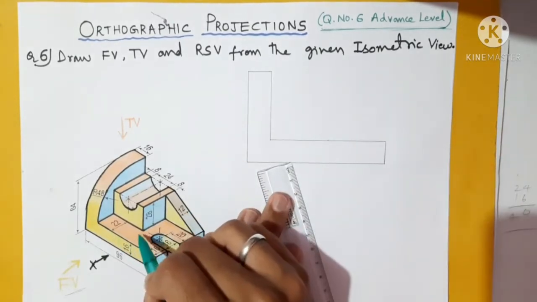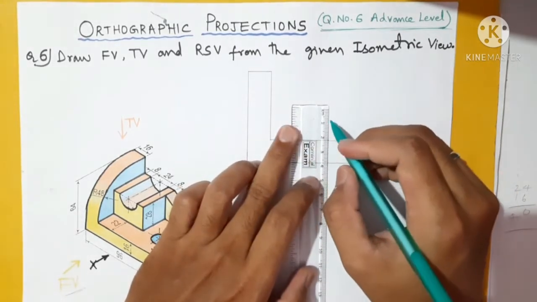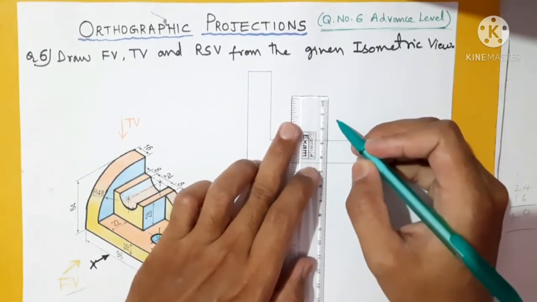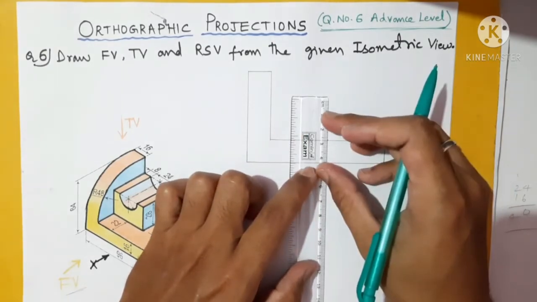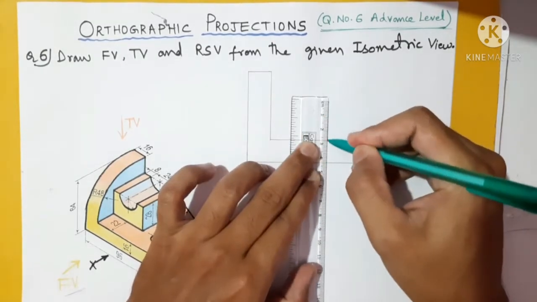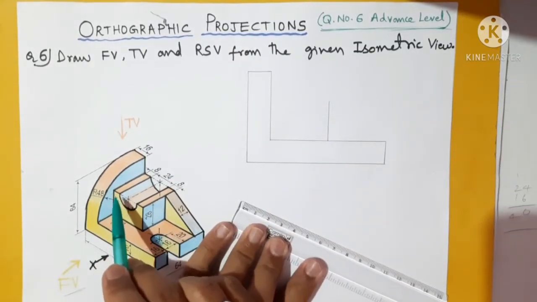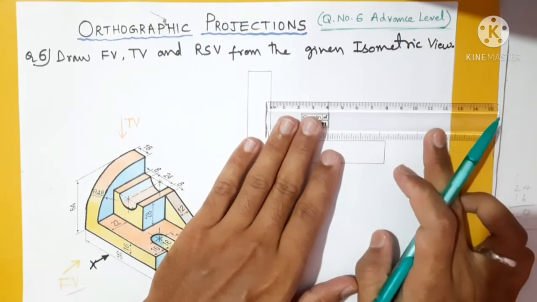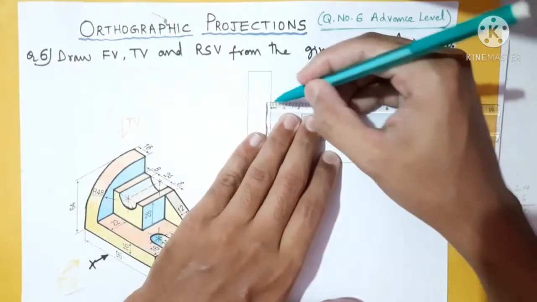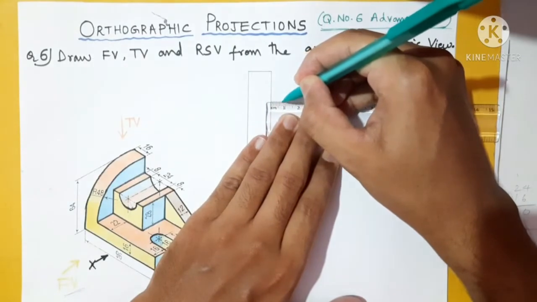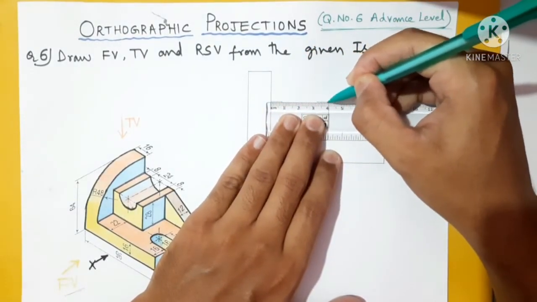This width is 40, this is 28. Somewhere here comes 28. This side 8 mm, from here 8 mm. Here to here we have come 8 millimeter, and from here we will go 8 millimeter like this.